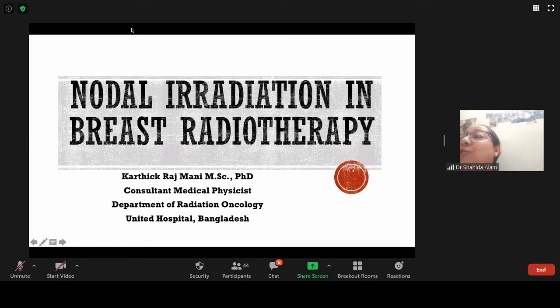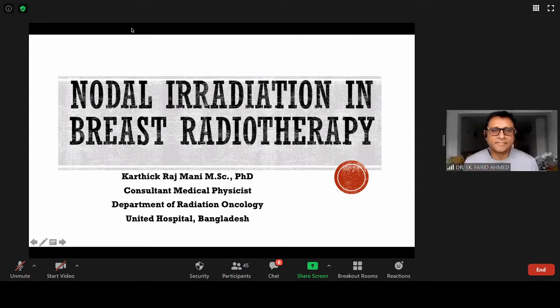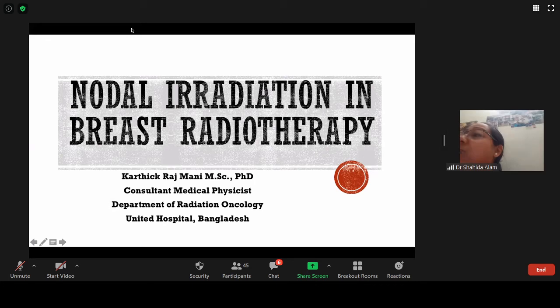Farid Bhai: one node is sentinel lymph node biopsy positive. So the second question is, is it micrometastasis or macrometastasis? Macrometastasis. Okay. If macrometastasis, then we have to see the adverse factors like tumor size, if it is 2 centimeter or more, LVSI, grade 3, age less than 50.